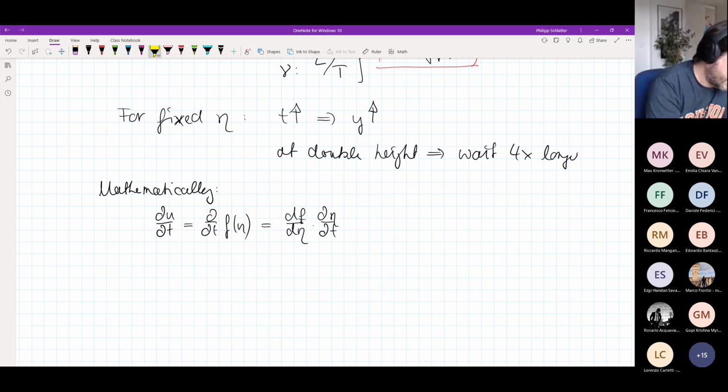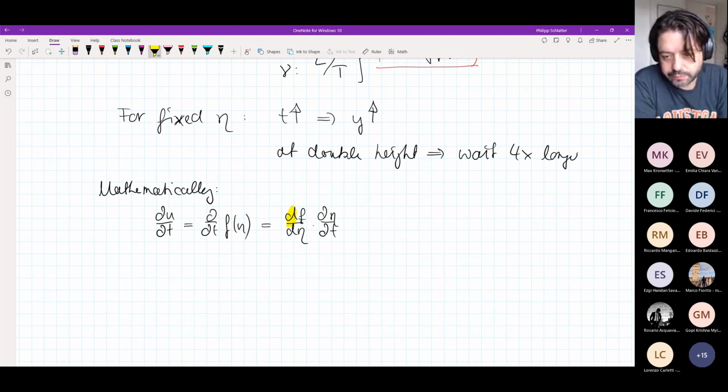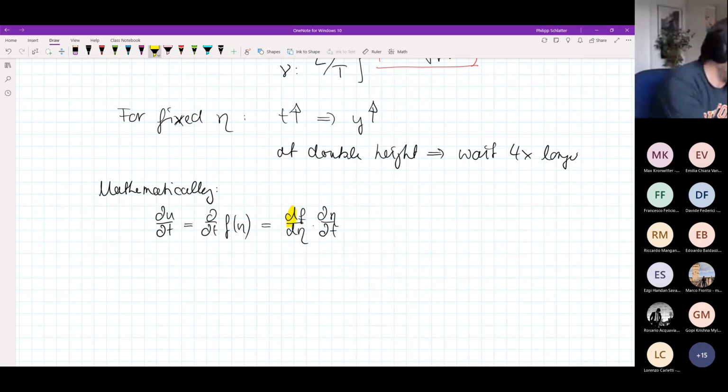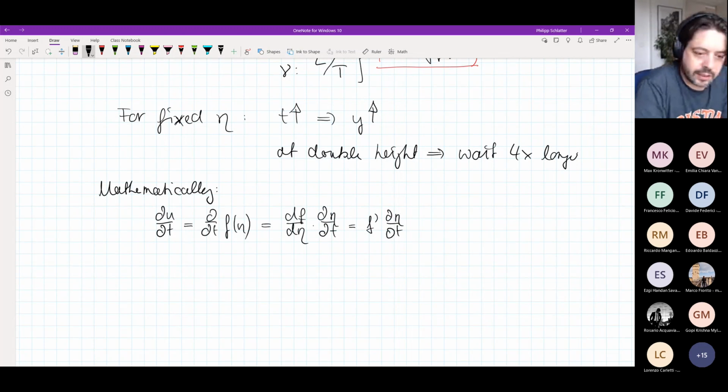Keep in mind that here I'm using ordinary derivatives because f is only a function of eta. So therefore I can change from partial derivatives to ordinary derivatives. Going from the Leibniz formulation of derivatives to the formulation with a prime, I can write that this is f prime times d eta dt.